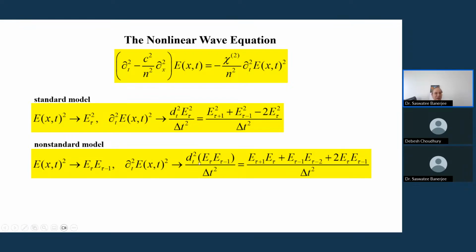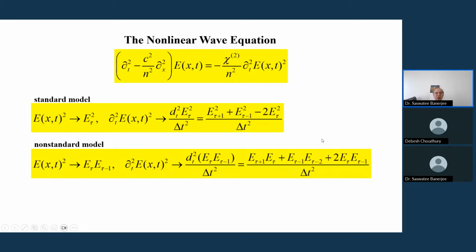In the non-standard model, notice how we handle this. The square term is modeled this way, and then the double derivative of the squared E field comes to this.